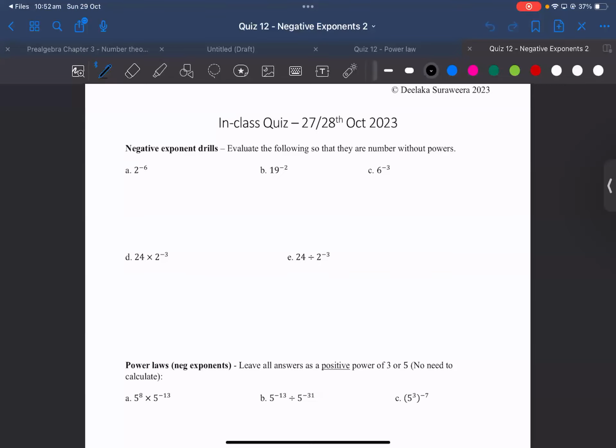No, it's got to be divisible. Oh yeah, because it has to be. 45 divided by 3. If you have any questions with the quiz, let me know.